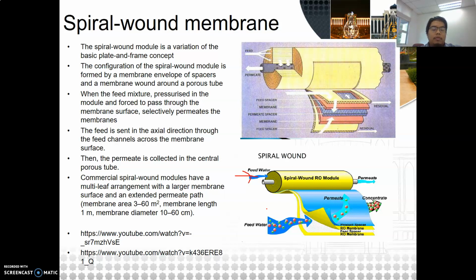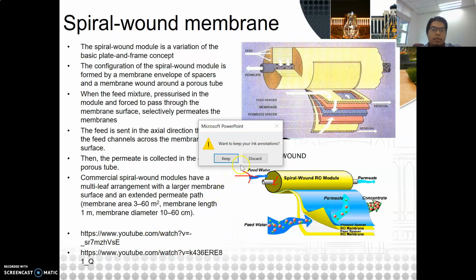If we can see how it works, for example, here is our spiral membrane, and then we give our feed solution here, and the water will pass through and be collected in this capillary, this tube. So here is one example video that I can show you.